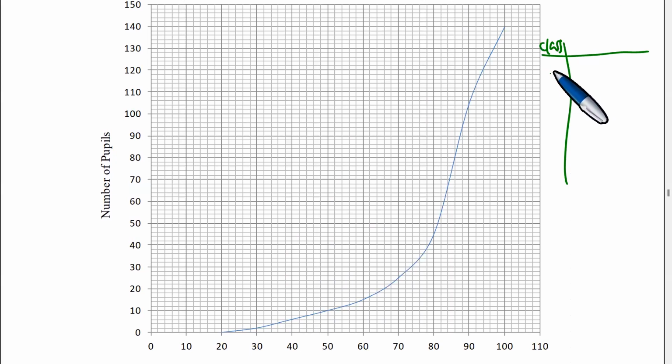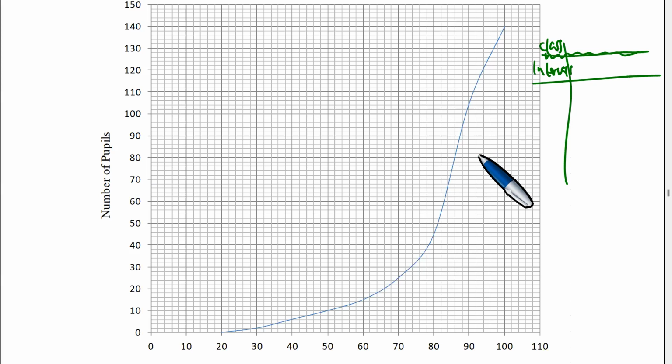Right, so you put your class intervals here, and then what are they? You can see that the values go from 0 up to 20.